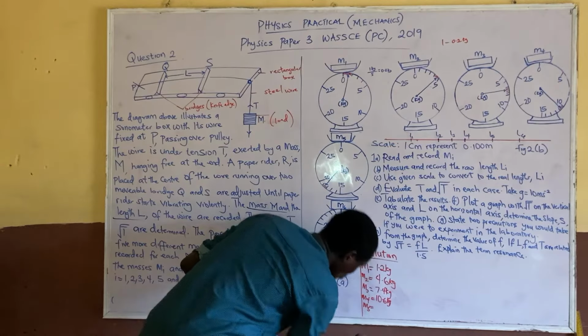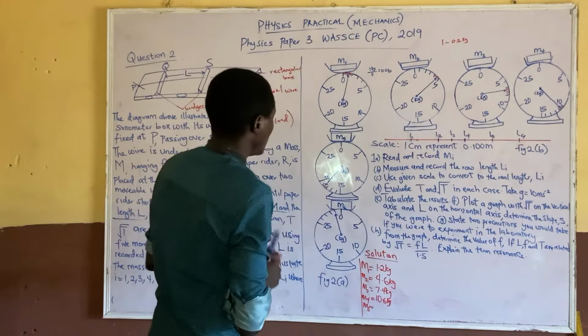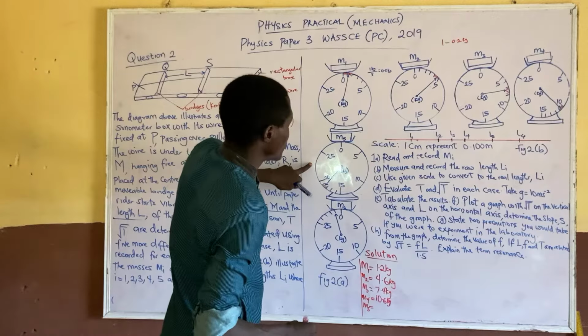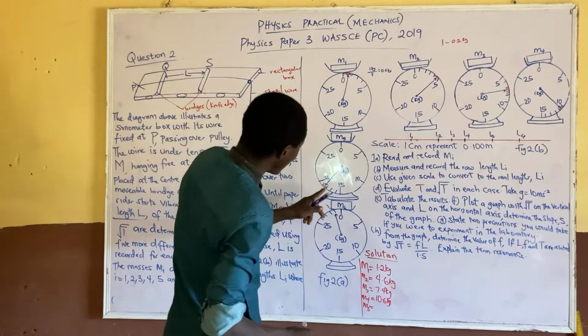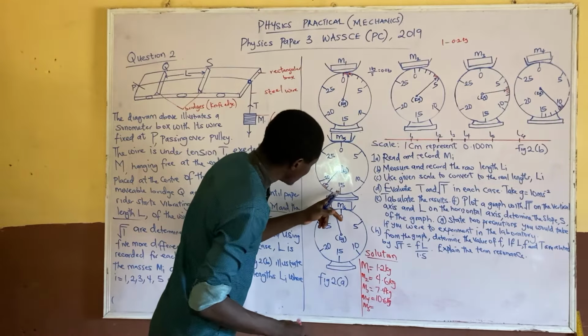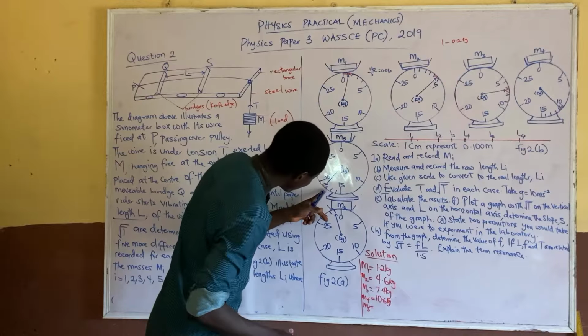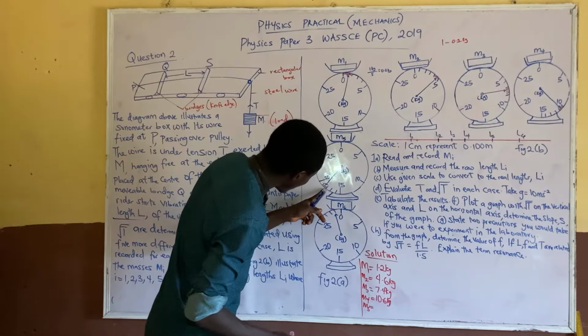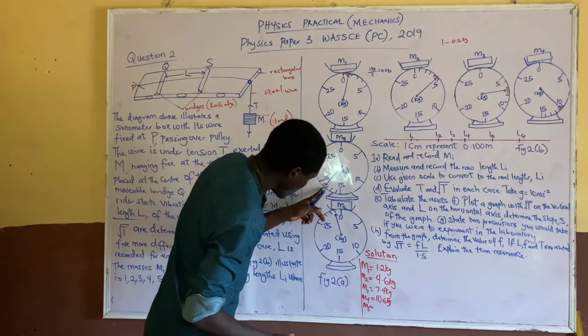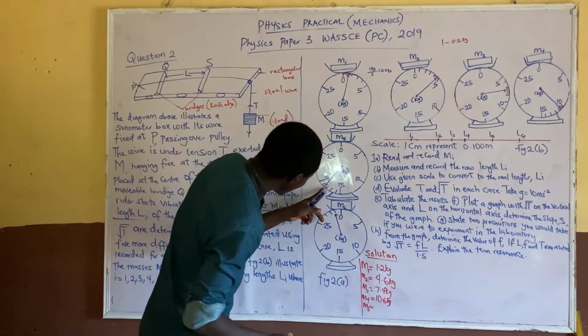M5 will be equal to what? M5 is here. So we have 15, 16, 17, 18, 18.2, 18.4, 18.6. Let's read very well.